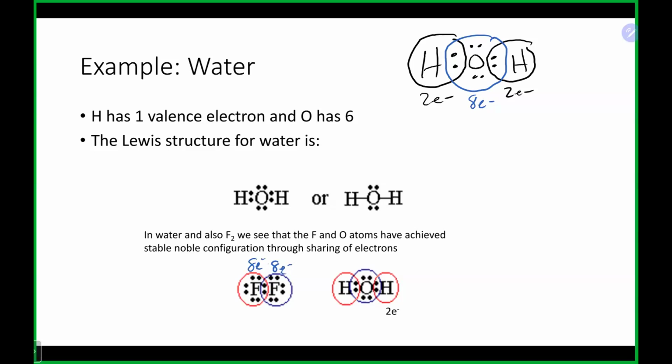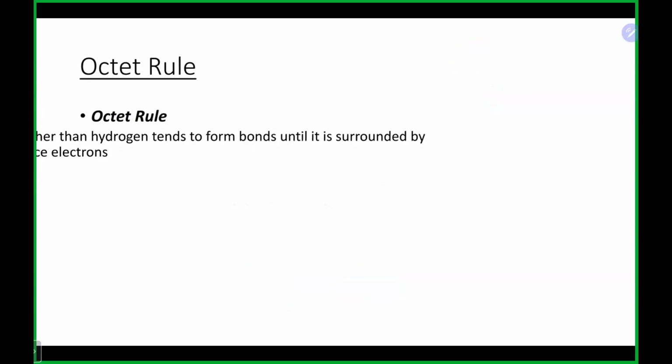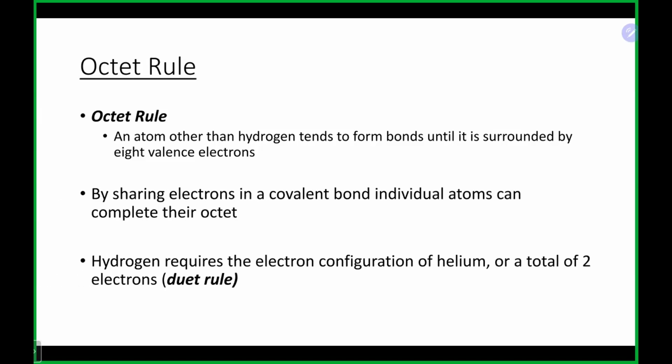Now, obviously here, as I mentioned a second ago, we see hydrogen only needing to get to helium, right? So 2 electrons, never more than 2 electrons, and oxygen here getting to 8. Obviously, those numbers are important when we're dealing with bonding. And let's officially talk about what those numbers represent.